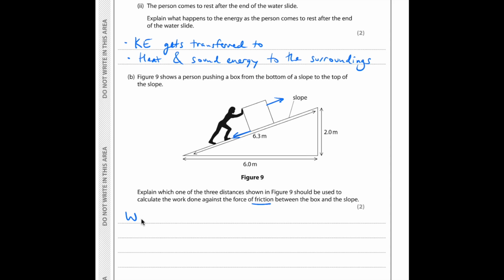To get the work done, it's the force times by the distance moved in the direction of the force. So you're moving it up that slope, so it'll be 6.3 meters.